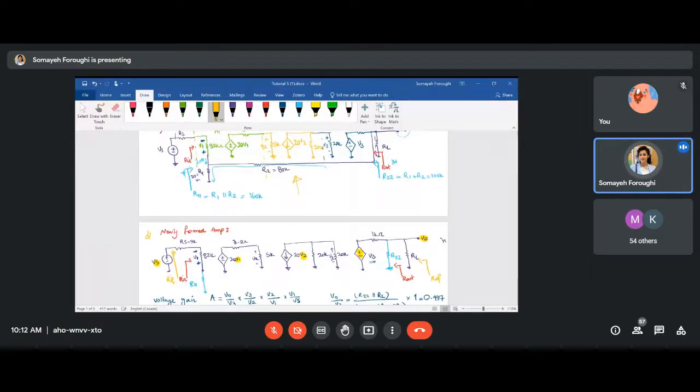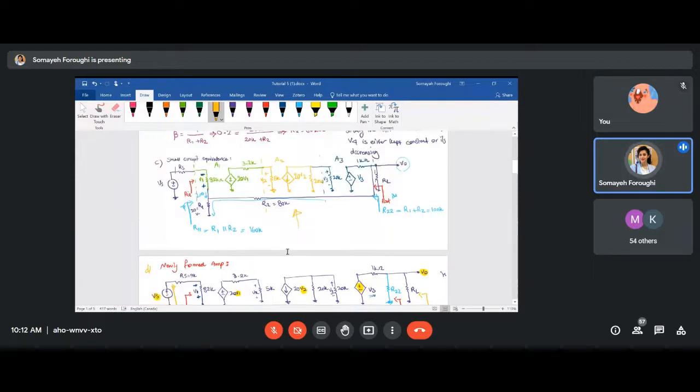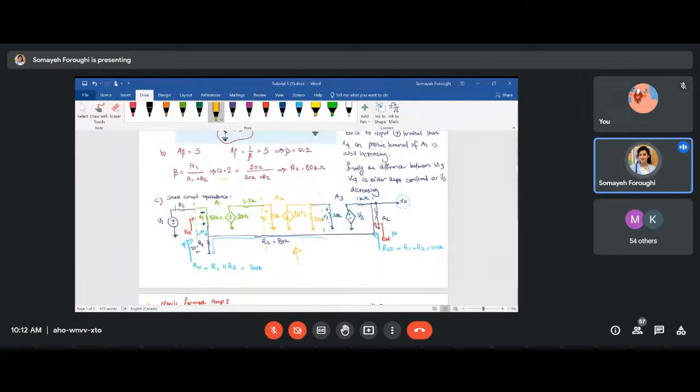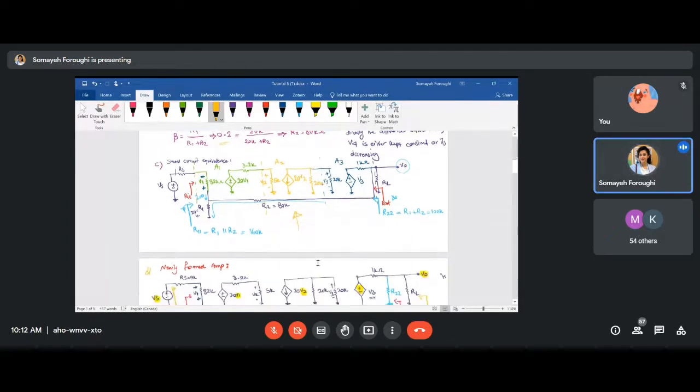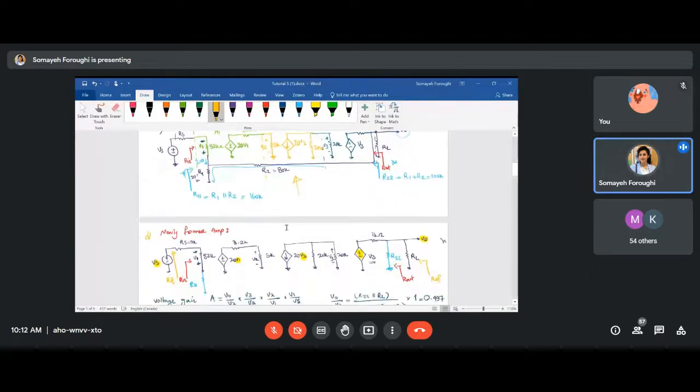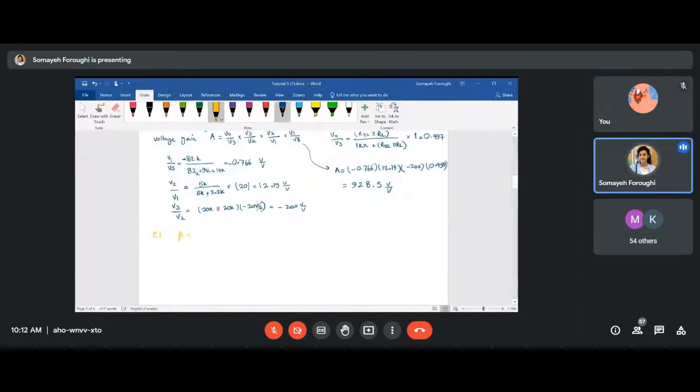We found it previously as well, but I'm just going to repeat it. Beta will be 20K over 20K plus 80K, which will end up having 0.2. So 0.2 volt per volt.